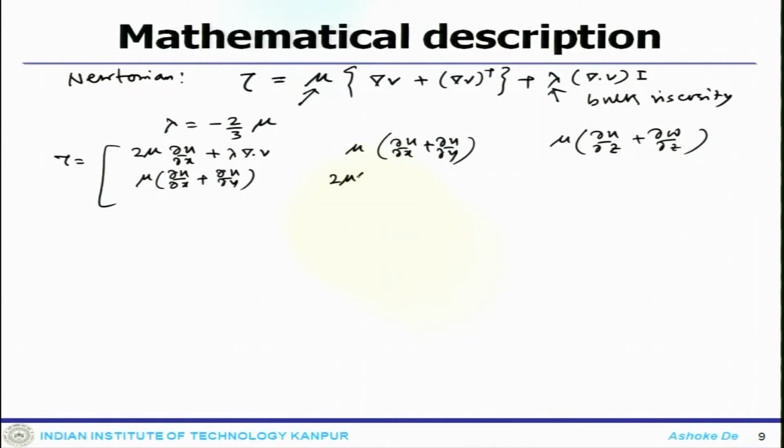This is 2 mu del u del y plus lambda del dot V. This is del w by del y plus del w by del z.